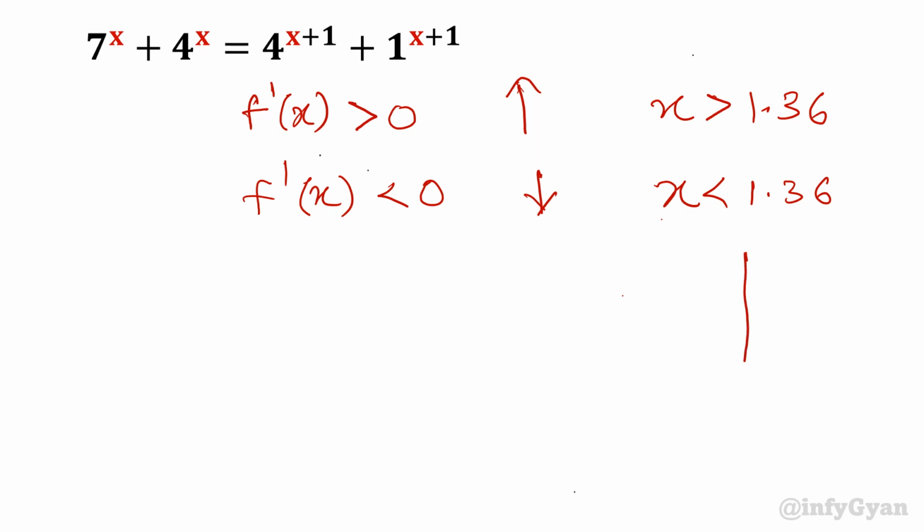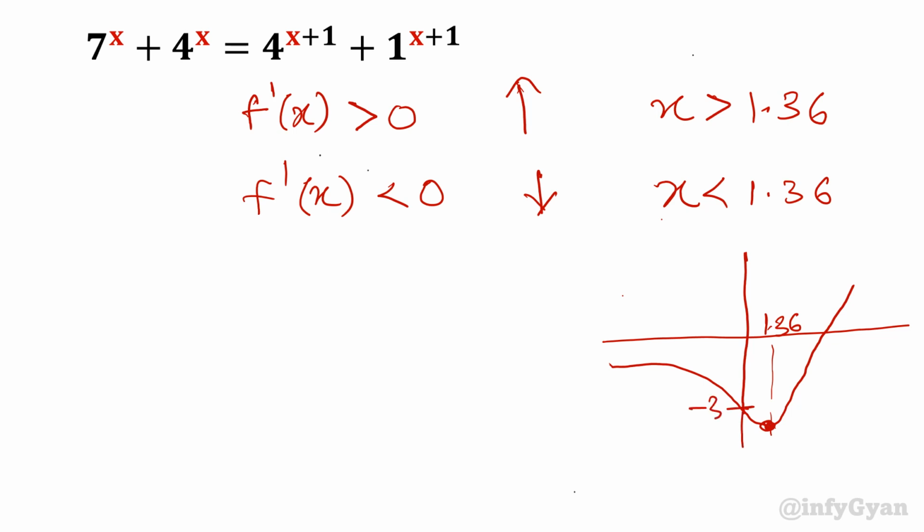So your graph is, I am coming to that part. See, this point is 1.36. It is acquiring minima here. This point is minus 3. Okay, and then after it is a monotonic increasing function and intersecting the x-axis at 2. This is the concern.